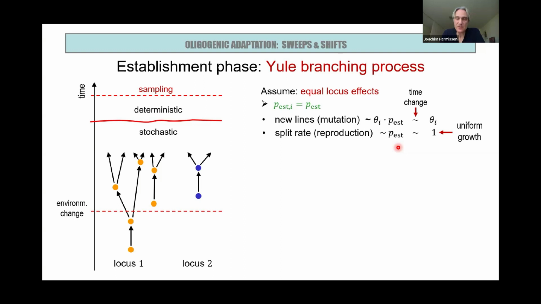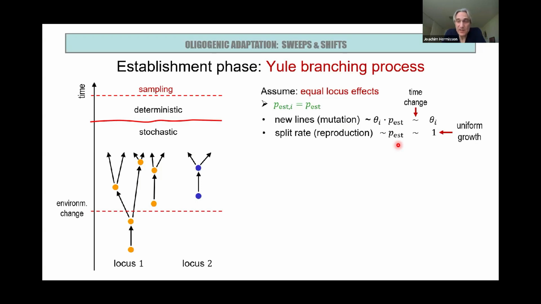Just say we're only interested in the relative rates of events of either mutation or reproduction at all loci. But all these rates are just proportional to the same factor, P establishment. So by rescaling time, we can just ignore it.